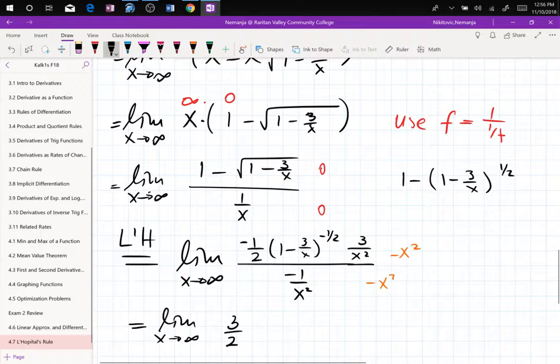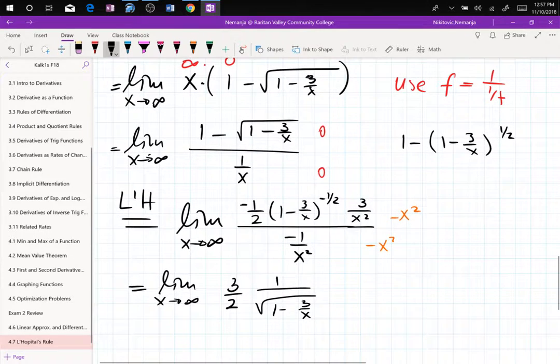The x squared is gone. Then I have 1 over the square root of 1 minus 3 over x. Is that good? Yep. And now when you plug in infinity, you get 3/2 times 1 over 1, which is 3/2.